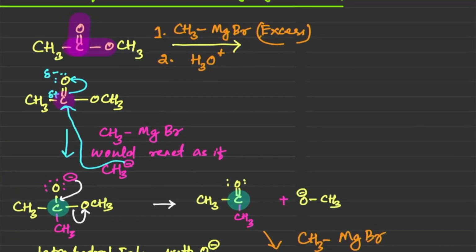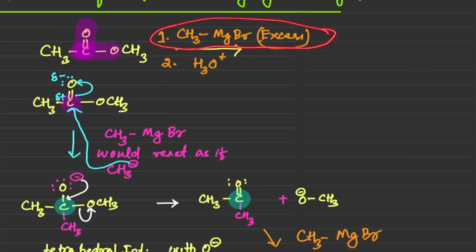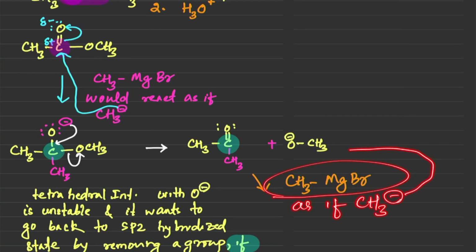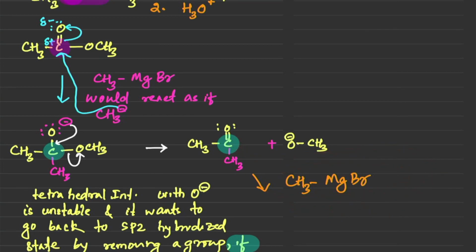That's why I said we have excess here. As soon as you make this molecule, it will have a next set of reactions. And we know this would react as if CH3 minus, right? So the CH3 minus will go and attack the carbonyl carbon, because the carbonyl carbon is delta positive.